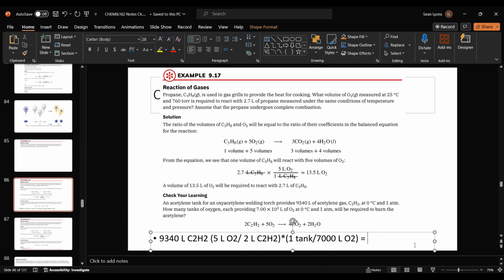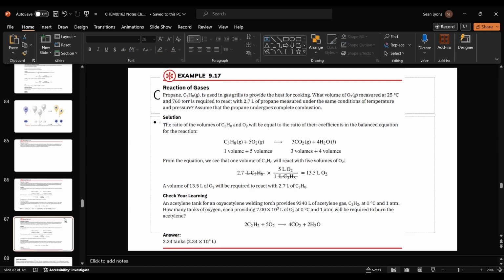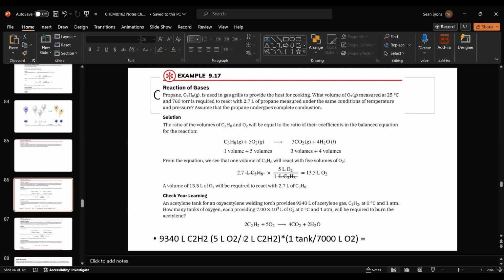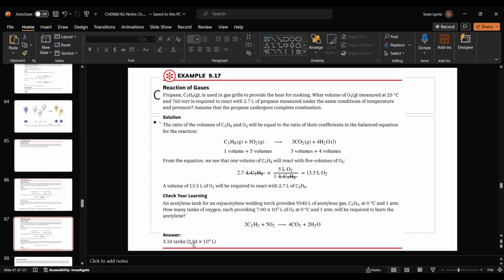Calculator. So I don't remember, right? Can't do that. So 2.5, so it's going to be a little over 1 times 2.5. I'm going to guess it's going to be like 3 something. So 3.34 tanks is just the solution. I just don't have my calculator, so I can plug that in.